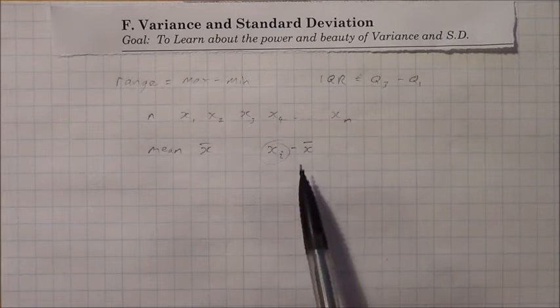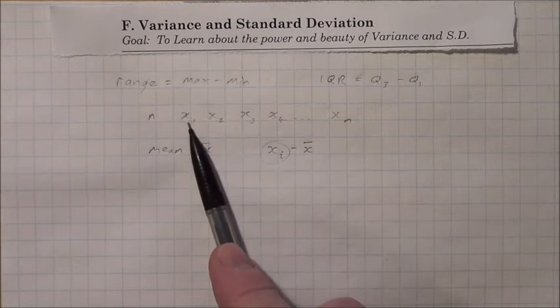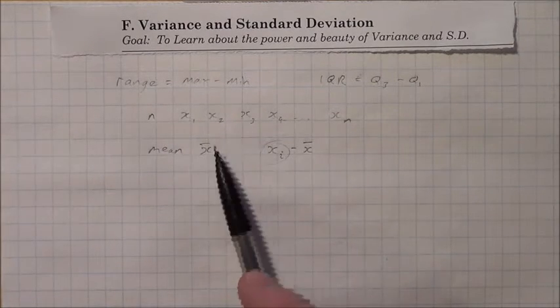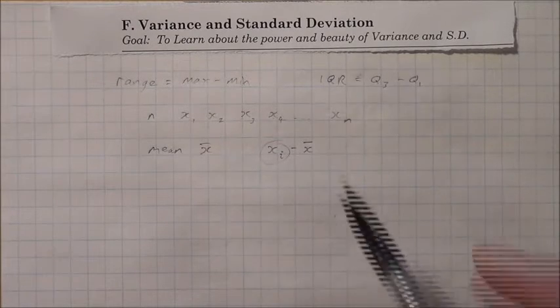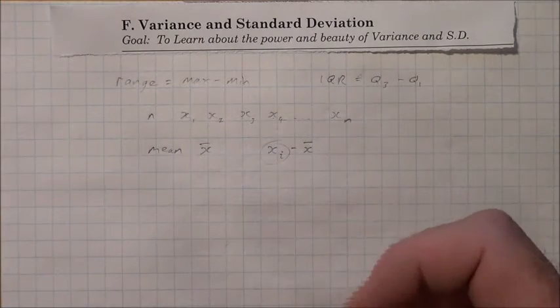If we were to add all these up, x sub 1 minus the mean, x sub 2 minus the mean, x sub 3 minus the mean, x sub 4 minus the mean, etc., we would find that the sum of all that would equal 0.